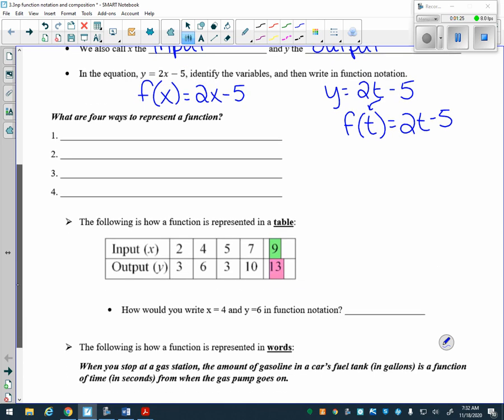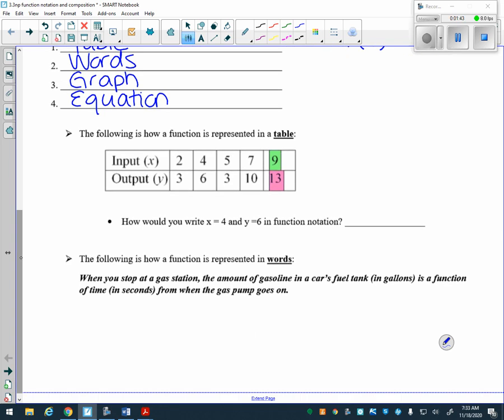So there are 4 ways to represent a function. There's a table, described in words, like a word problem, a graph, as well as an equation. Given a table, the one that is highlighted here is your input of 9, your output of 13.